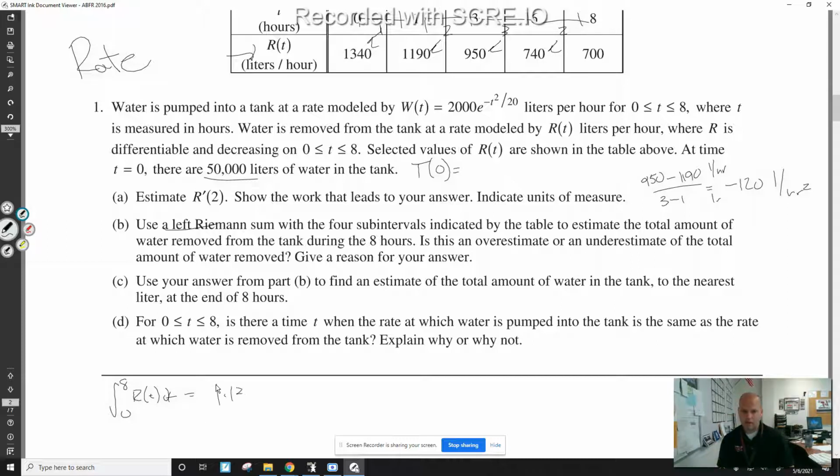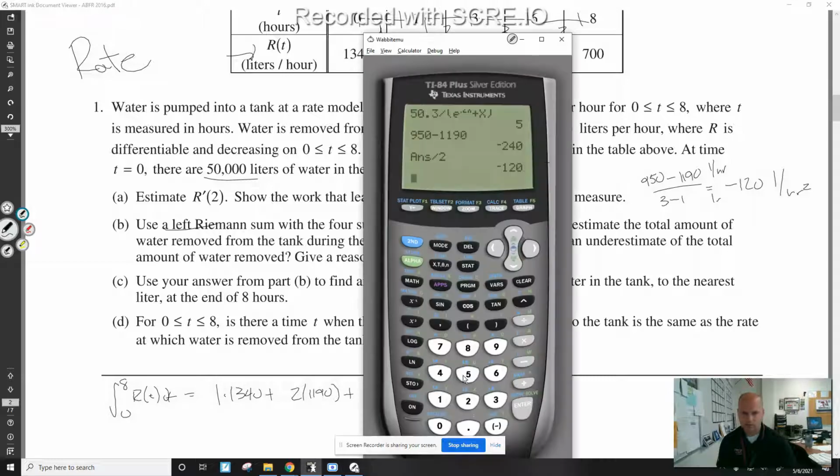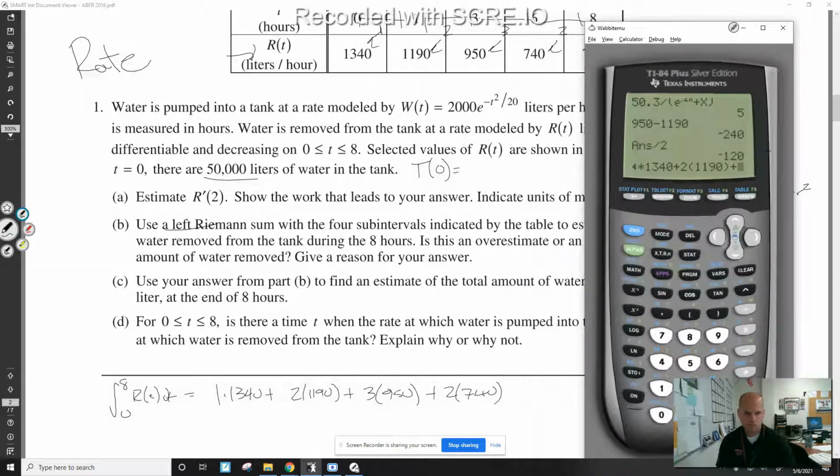So 1 by 1340 plus 2 by 1190 plus 3 by 950 plus 2 by 740. And let's do those calculations. 8050.